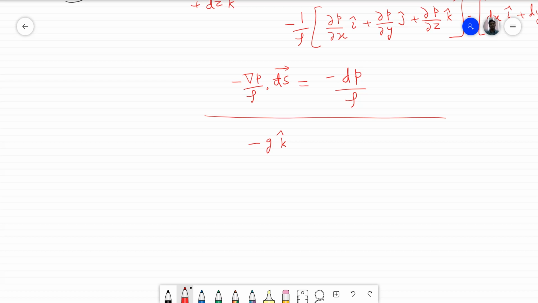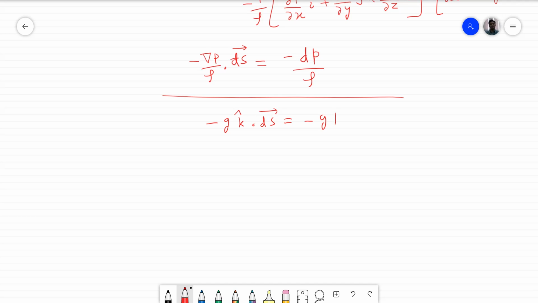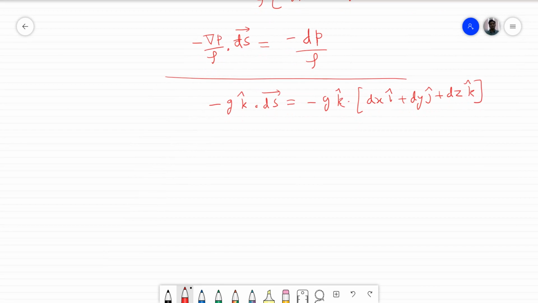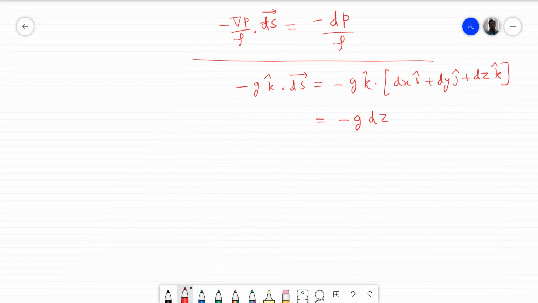Similarly, minus g k cap dot ds, we can write it as minus g k cap dot dx i cap plus dy j cap plus dz k cap. Here you can see that the first two terms, dx i cap, dy j cap, don't have any matching component in the gravitational acceleration term. We will get minus g dz.